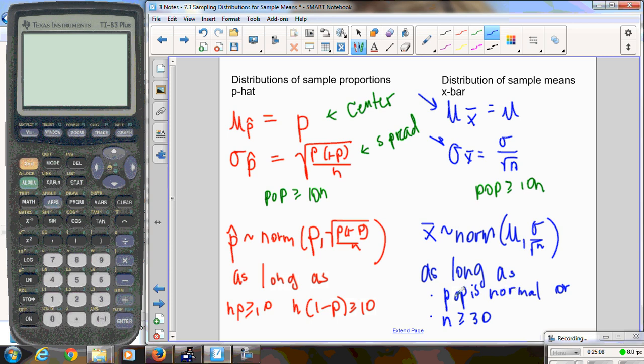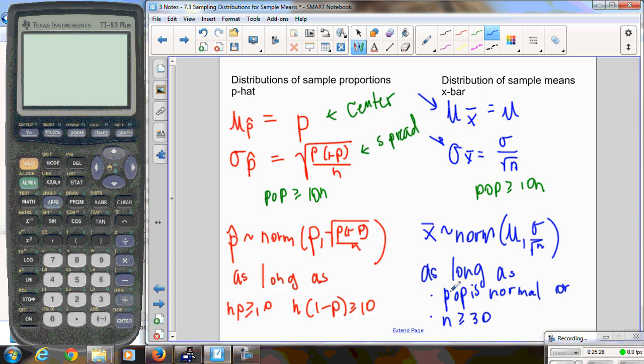Repeated measurements. If I'm looking at a production process and I'm weighing ball bearings, I can assume that the population of the weight of those ball bearings is going to be normal. Okay, so those are times when it's appropriate to assume the population is normal, even if it doesn't say so in the problem.